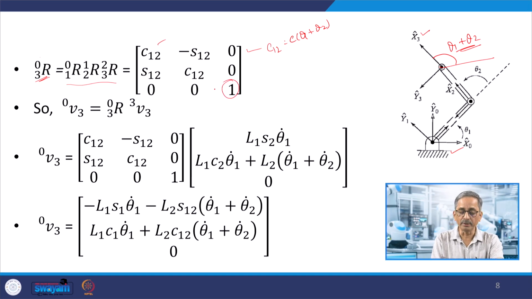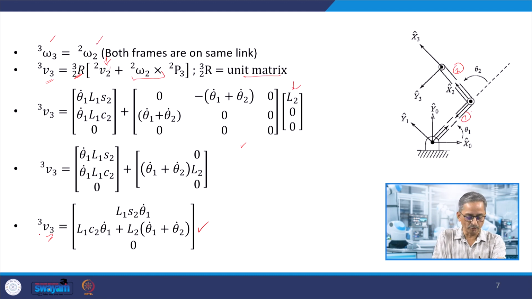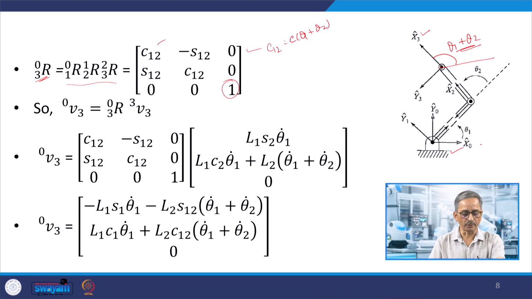The 1 here indicates the rotation is about the z axis, okay, and these are the terms associated with the rotation matrix, right. So, here we have found V33. If I have to express this velocity in terms of, say, frame 0, then how can I do that?